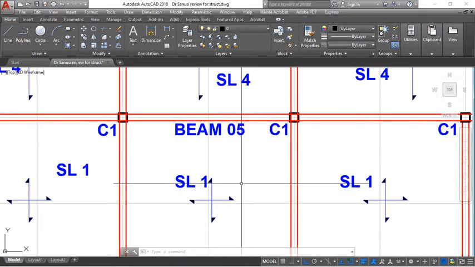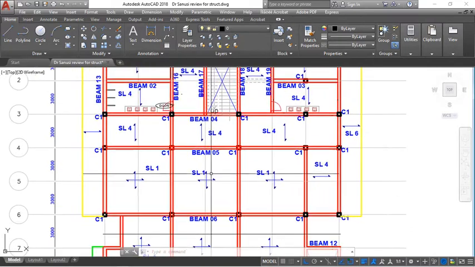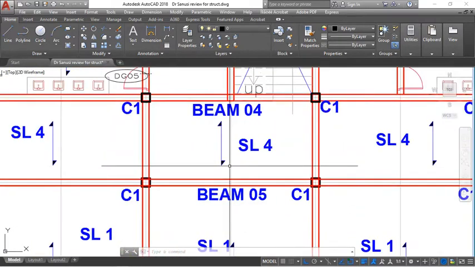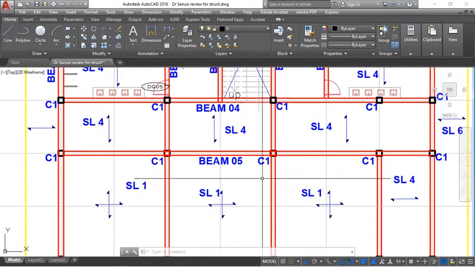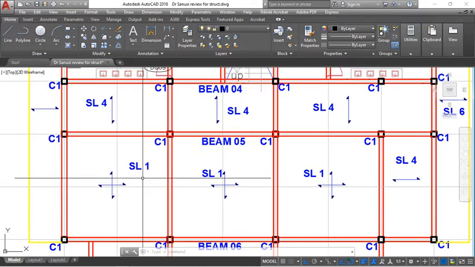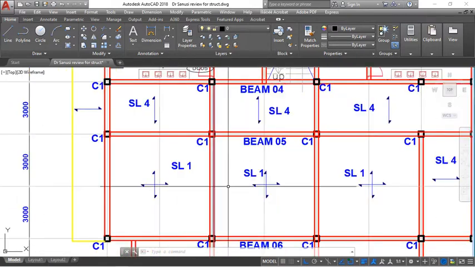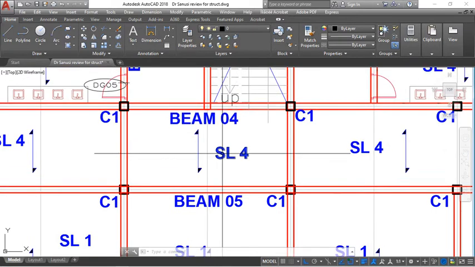I also took the initiative of differentiating the slabs based on the adjoining slab type. Like if you check slab 1 now, on this side it is spanning into another slab which is also two-way, but if you check on this side, it's spanning on a one-way slab.